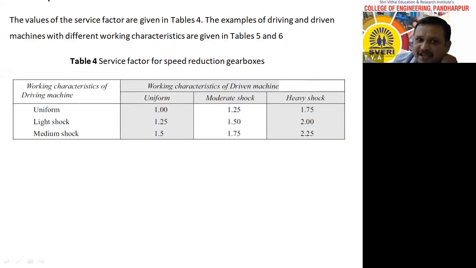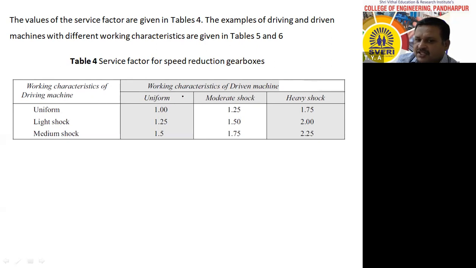Therefore, the values of the service factor are given in this table. The examples of driving and driven machines with different working characteristics are given in tables 5 and 6. This is table number 4, service factor for speed reduction gearboxes. Don't write it down, since the service factor is provided in the problem. I will just read it for your understanding. The columns are working characteristics of the driving machine and of the driven machine.